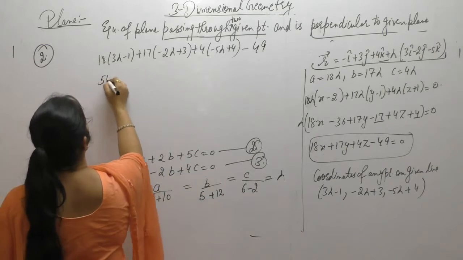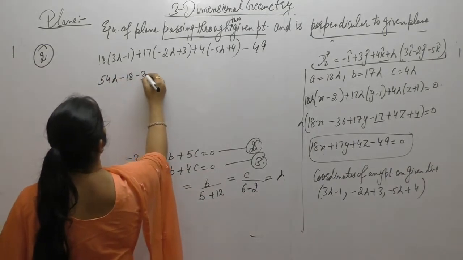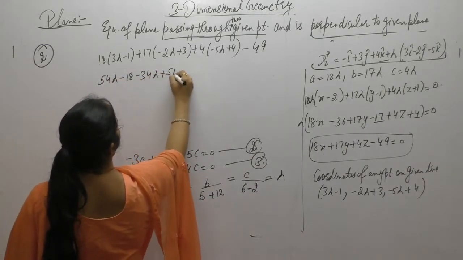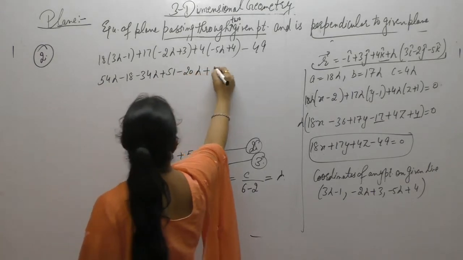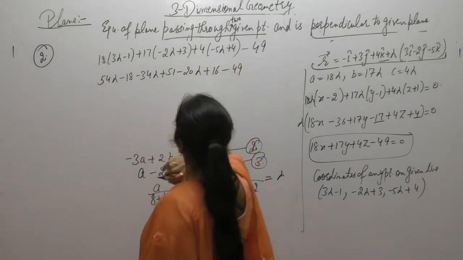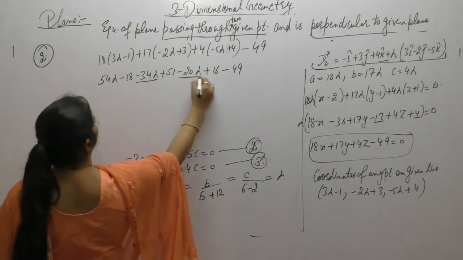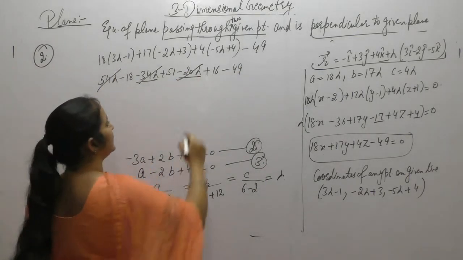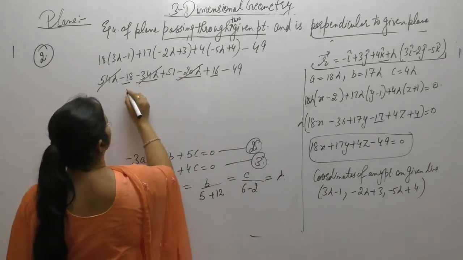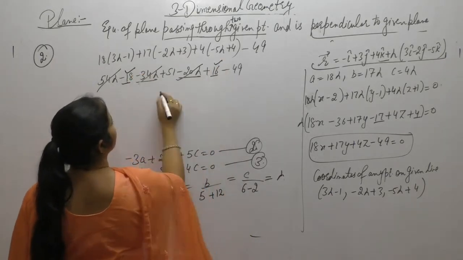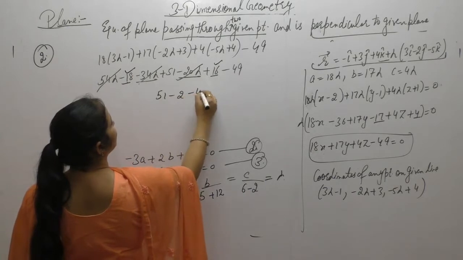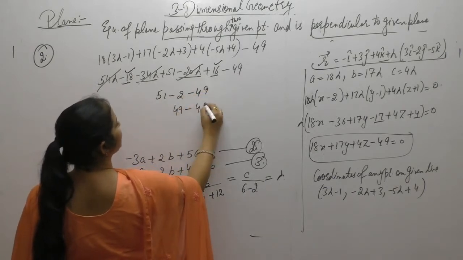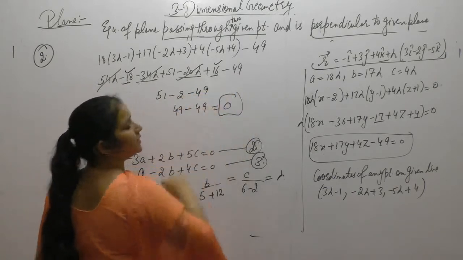18 into 3 minus 18 plus 16 minus 49. 34 and 20, 54 lambda plus and minus, it will get cancelled. 16 and 18, 18 minus 16, 51 minus 2, 49 minus 49, that is equal to 0.